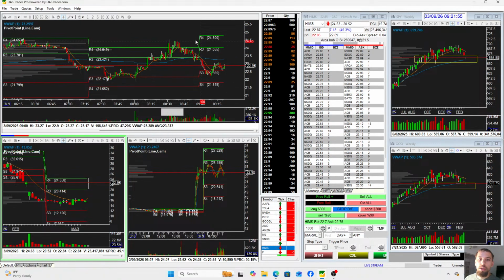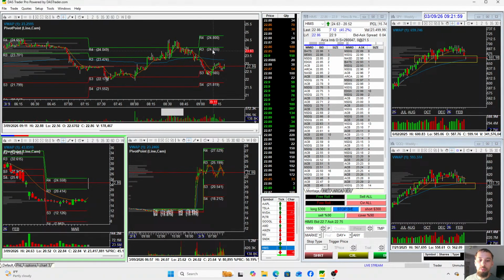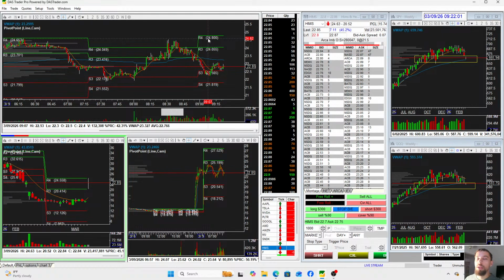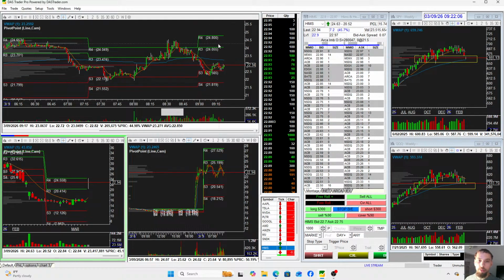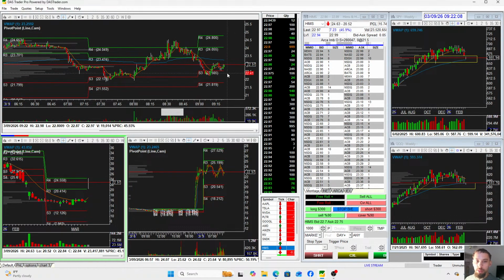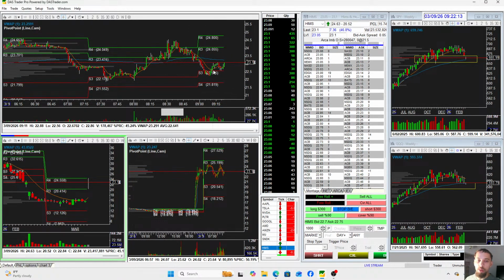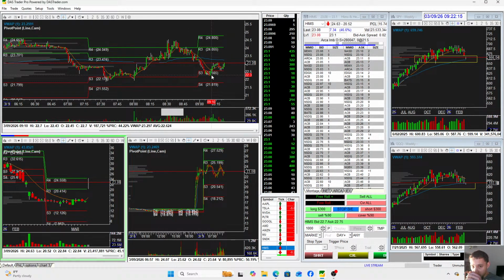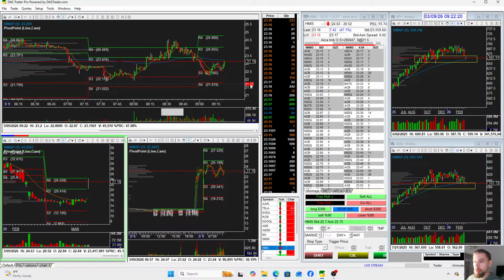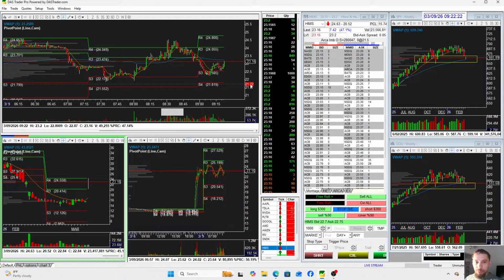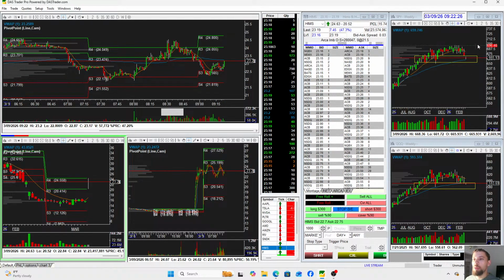So ideally, when these lines line up with my box that I draw, it pretty much just gives me more confirmation to take a trade, given the price action is what I'm looking for, whether there's exhaustion on a stock or lack of participation. And as I do take a trade today, if the market gives me an opportunity, I'll be discussing that as I'm taking the trade and my thought process of why I'm about to take the trade.